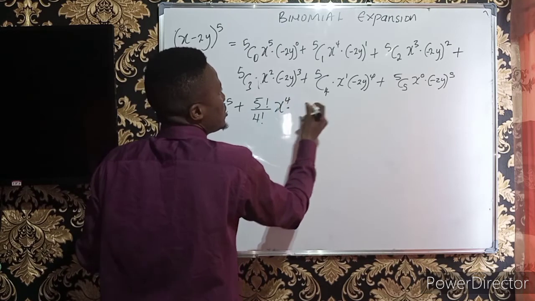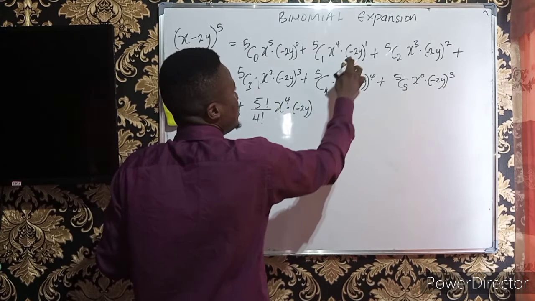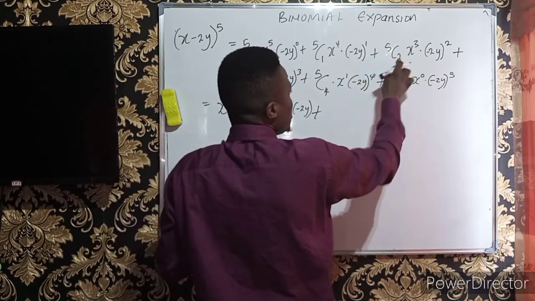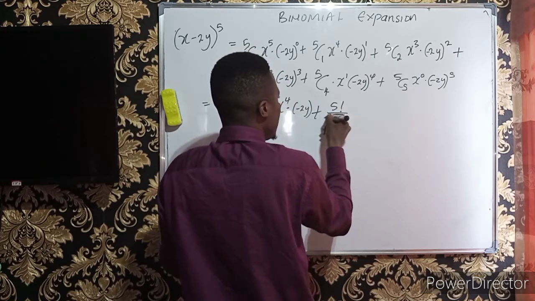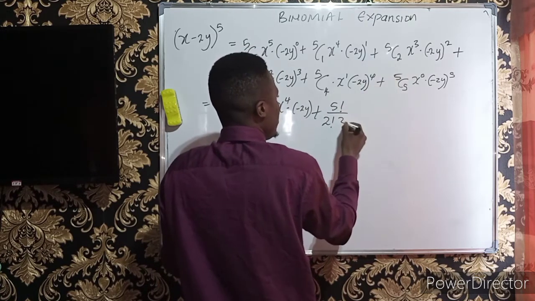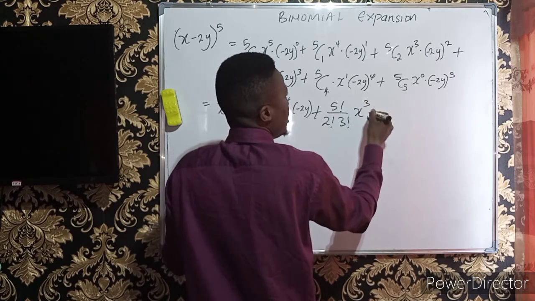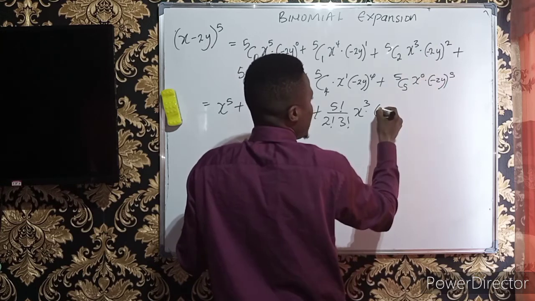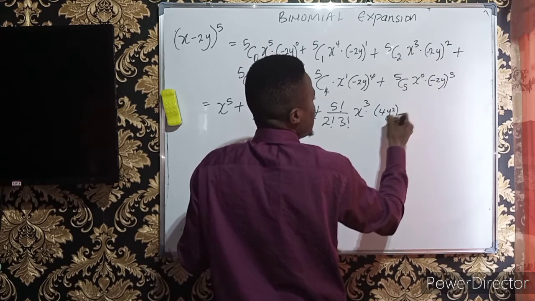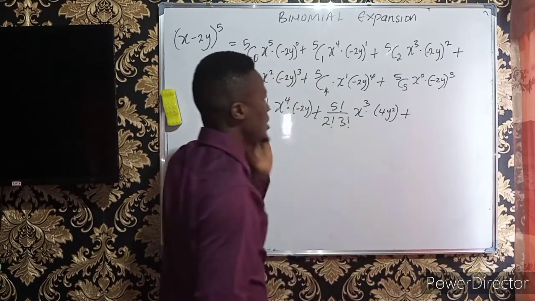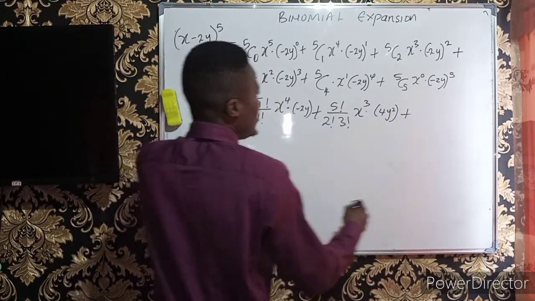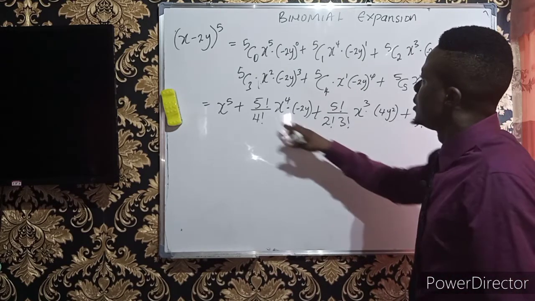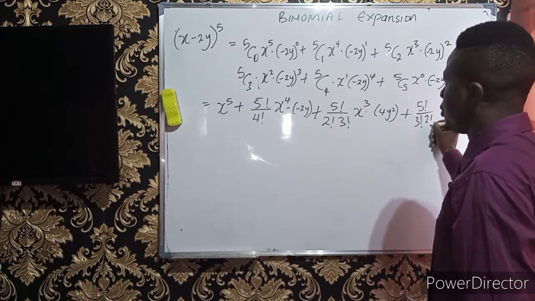Then x to the power of 4 dot (−2y), because this power of 1 is −2y, plus 5 combination 2 is just 5 factorial over 2 factorial, 5 minus 2 will give us 3 factorial. x to the power of 3 dot, if I square −2y, I will get 4y squared, plus, because the power here is affecting everything here, the next thing here is 5 combination 3, and 5 combination 3 is 5 factorial over 3 factorial. 5 minus 3 will give us 2 factorial.